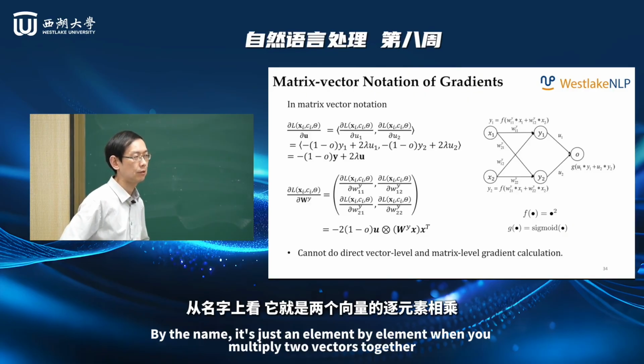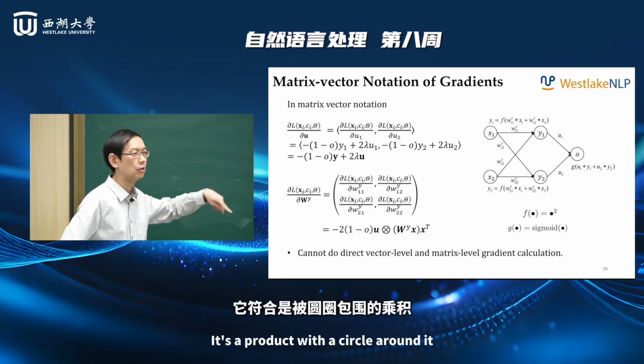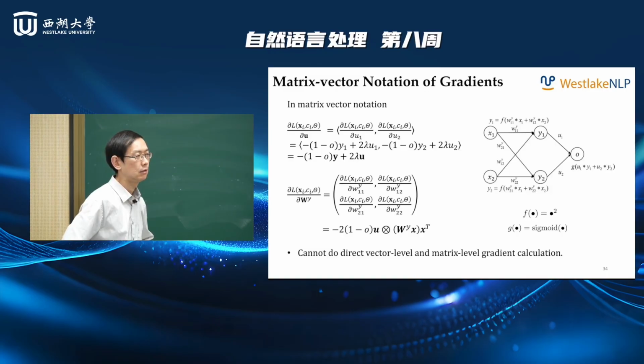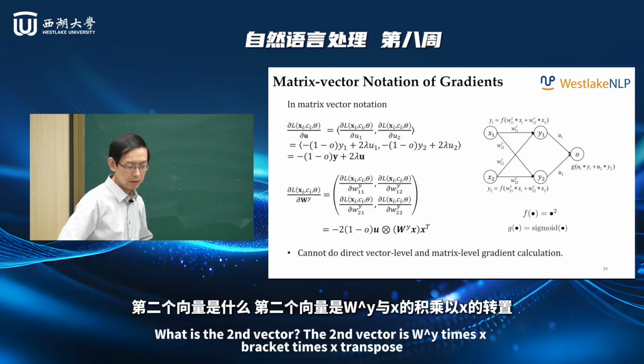You multiply two vectors together. It's a product with a circle around it: an element-by-element product between two vectors. What is the second vector? The second vector is Wy times x, bracket times x transpose.